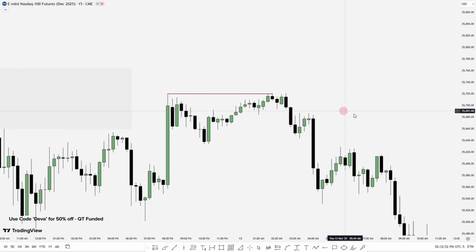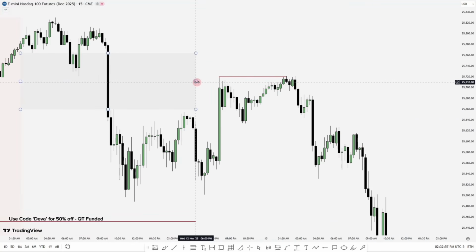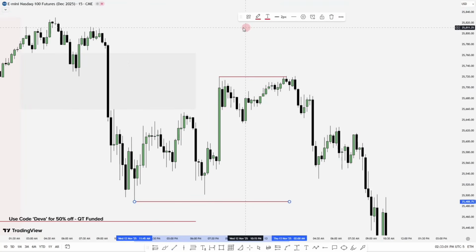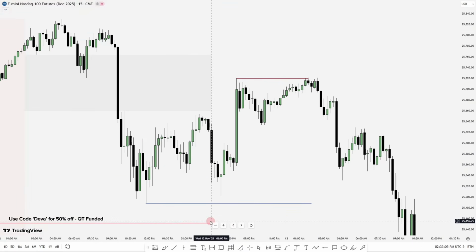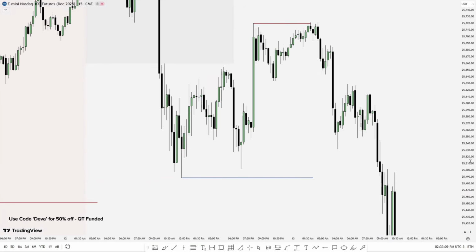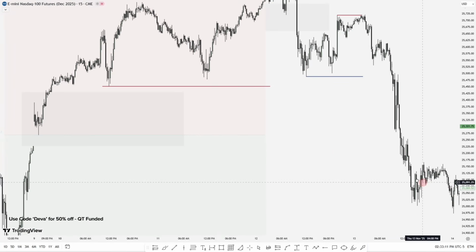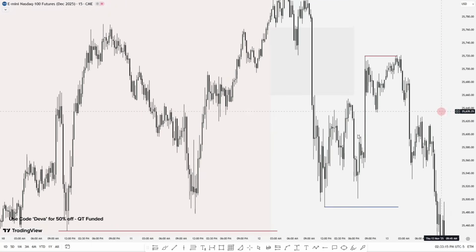So after the change in the state of delivery, we got this 4-hour FVG here, right? 4-hour FVG, internal to external. This is the external range liquidity, right? So after this external range, we got this 4-hour FVG here and discounted price, right?